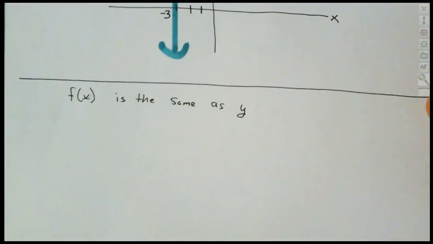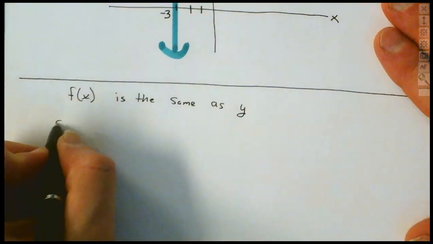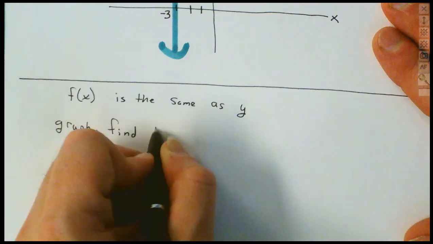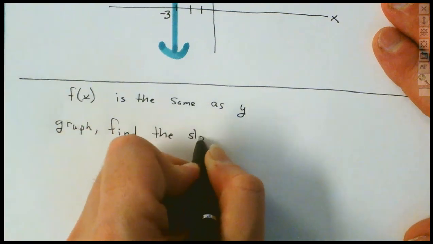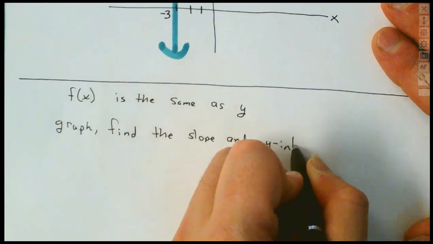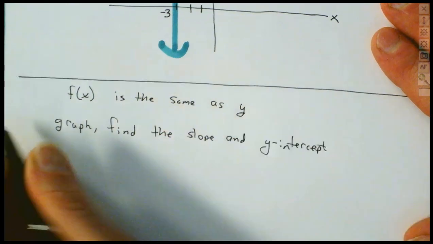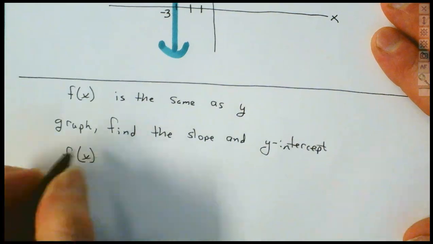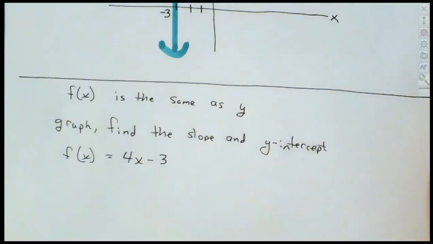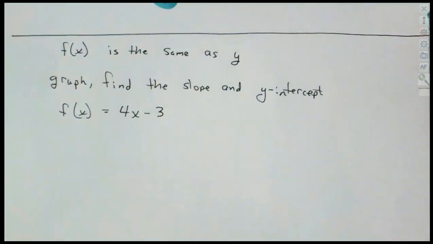So for the next one, I'm going to have you graph it, find the slope and the y-intercept. F of x is the same thing as having a y value, so they can be used interchangeably.